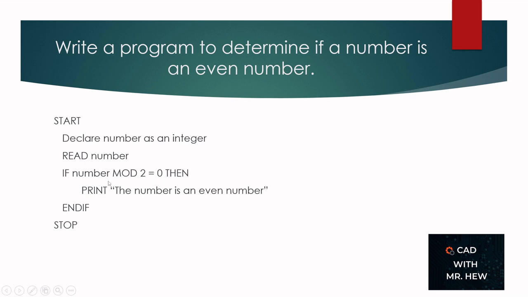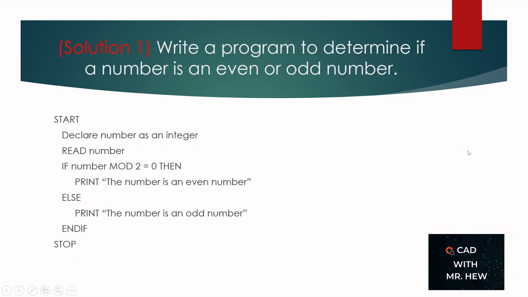So if the variable number mod 2, so we're going to divide the number by 2. If the modulus operator returns the value 0, then we'll print on the screen the number is an even number. Then we end if and then we stop.